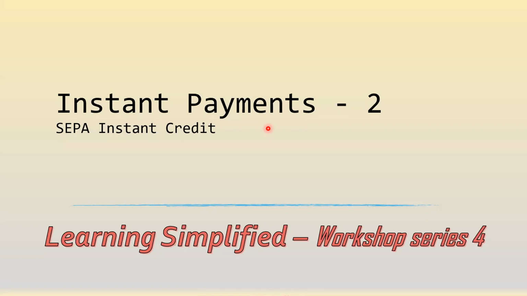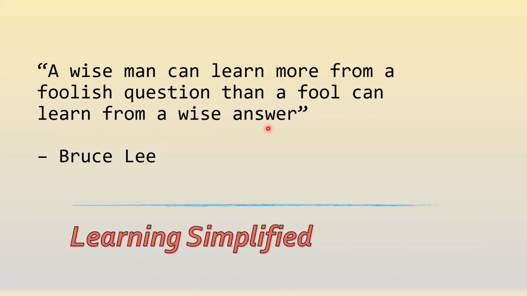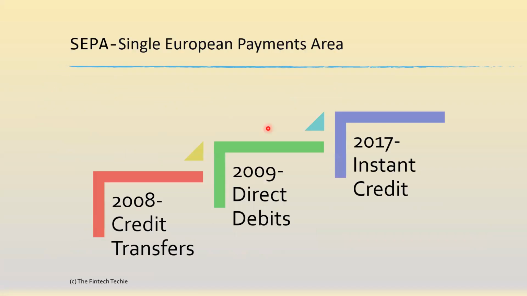In this session, we are going to have a look at the SEPA Instant Credit, which is a very popular instant payment mechanism in the European Union area. The European payments area started with credit transfers way back in the year 2008. 2009 was when direct debits or DD was introduced.